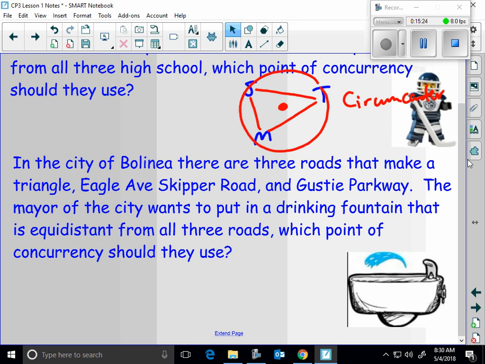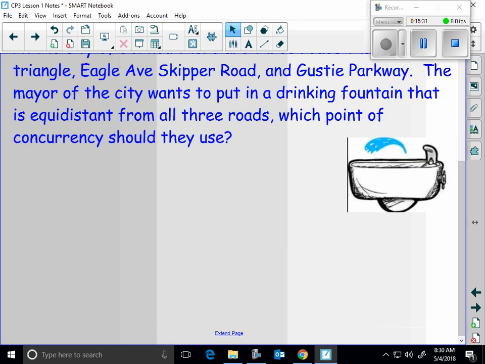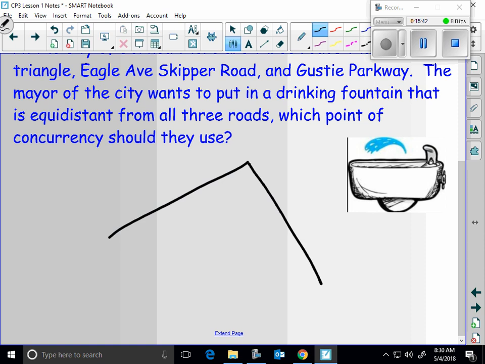In the city of Bologna, there are 3 roads that make a triangle: Eagle Avenue, Skipper Road, and Gusty Parkway. The mayor of the city wants to put a drinking fountain in that is equidistant from those 3 roads. Well, I've got Eagle Avenue, Skipper Road, and Gusty Parkway. You got Gusty here.